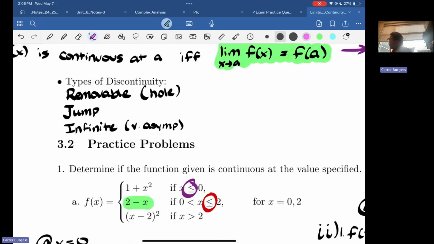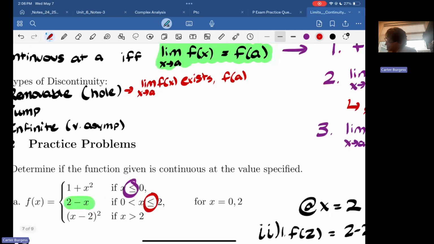And so we run into holes. These occur when the limit exists but f of a does not exist. Or we could run into a case where it exists, but it just disagrees, where f of a does not equal the limit.